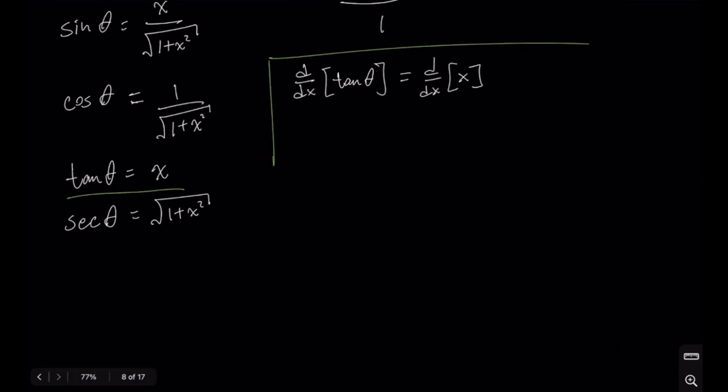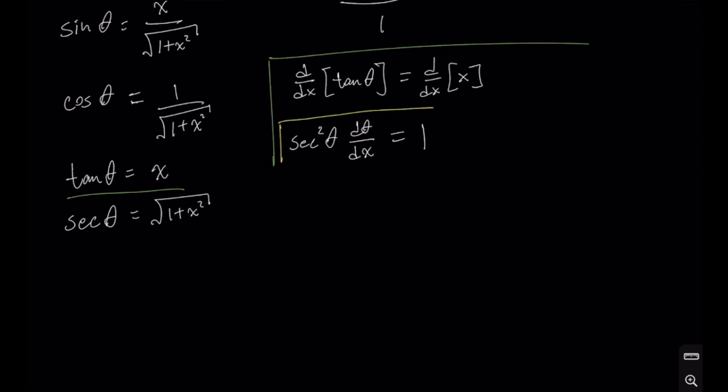Okay. So in calculus 1, you know how to use the chain rule. So the derivative of tangent will be secant squared. So we'll have secant squared theta. And then you use the chain rule and you have d theta/dx. On the right hand side, we have the derivative of x. And so that'll just be 1. Okay. So this is what we want.